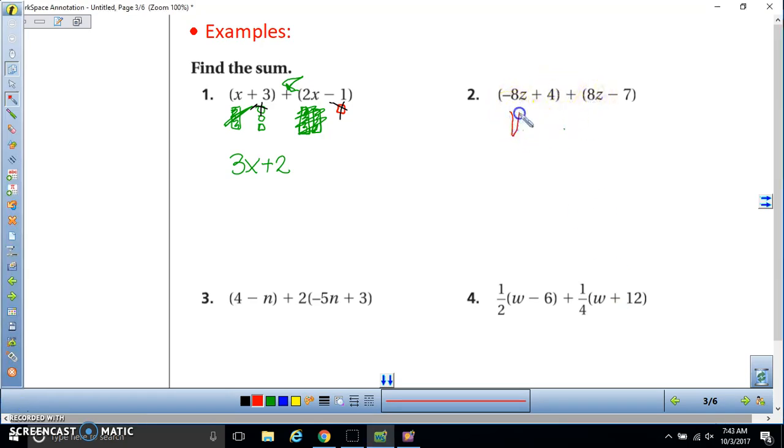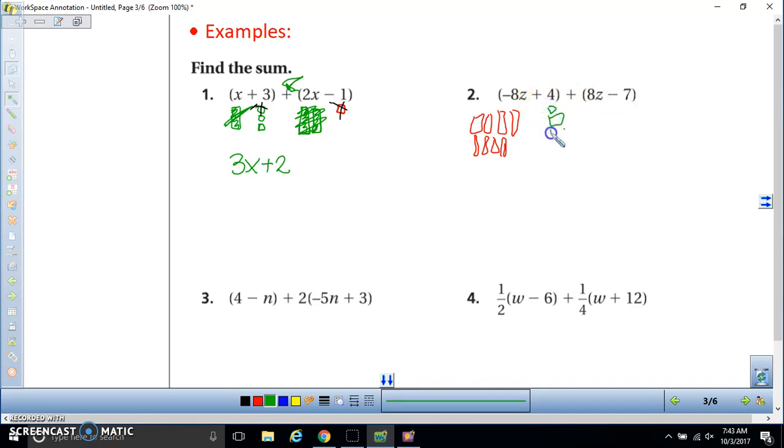We have negative 8, 1, 2, 3, 4, 5, 6, 7, 8, and we have positive 4, 1, 2, 3, 4.